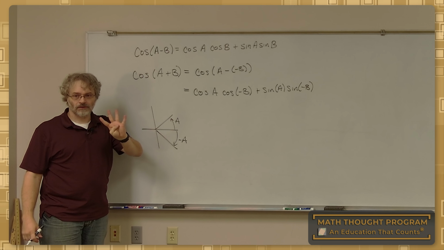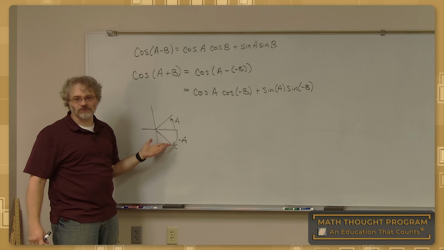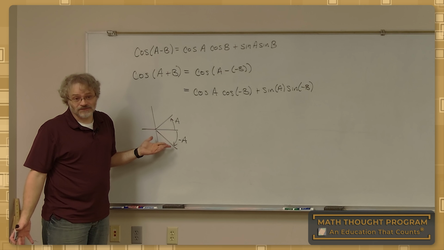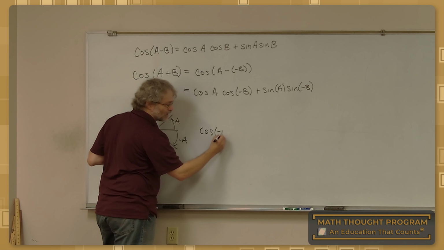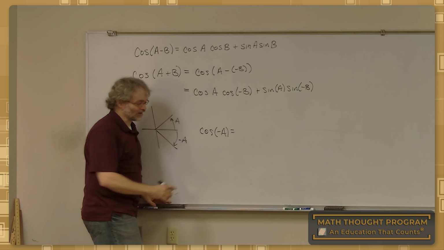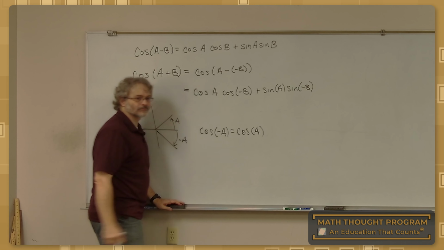Quadrant 4. Is cosine positive or negative in quadrant 4? It's going to be positive. So what that tells us then, cosine of minus a is the exact same thing as saying cosine of a.